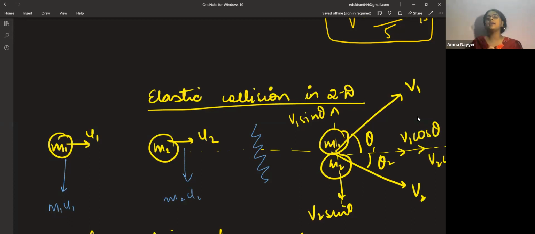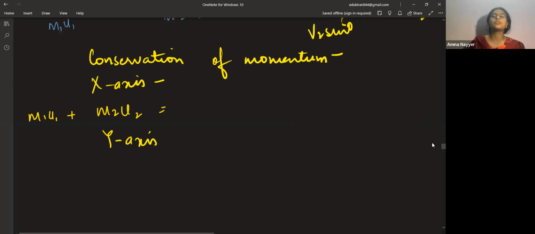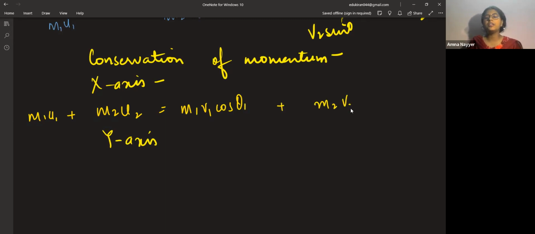Why are we not writing simply m1V1? Why is V1 cos θ1 coming? Because this time your velocity is not only V1. It has an associated trigonometric component, that is cosine. So this becomes m1V1 cos θ1 plus m2V2 cos θ2. Done. Come to the y-axis.